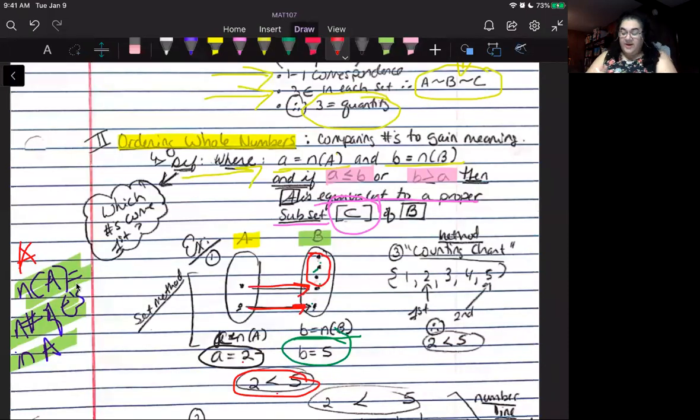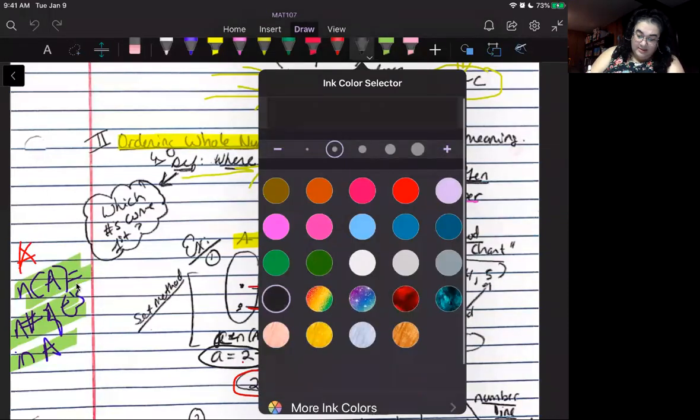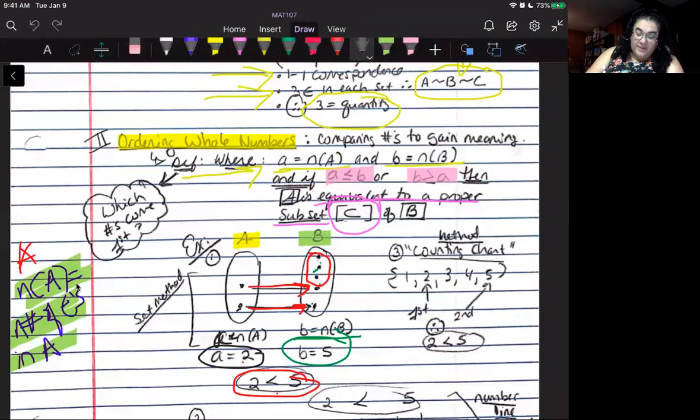Okay, and vice versa, the same is true if we were to switch the order. And it turned out that now, instead of this being set A, we called this set B, and instead of this being set B, we call this set A, right?